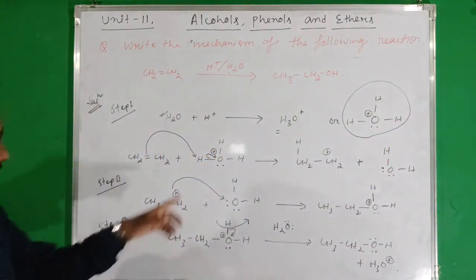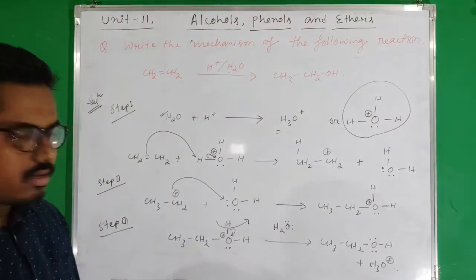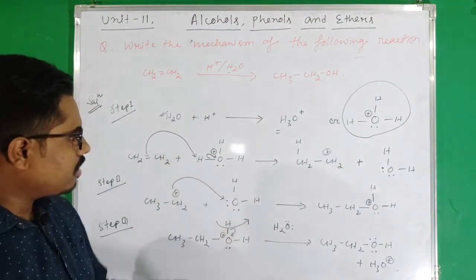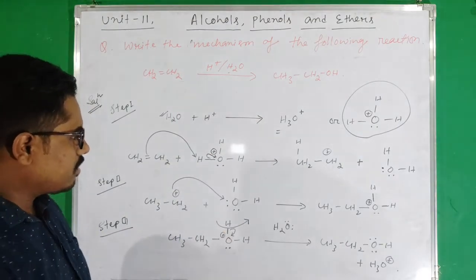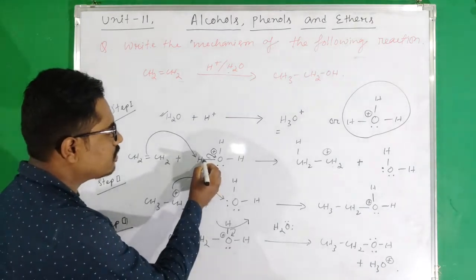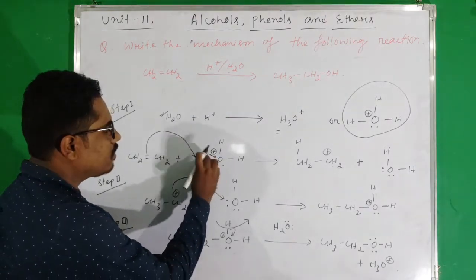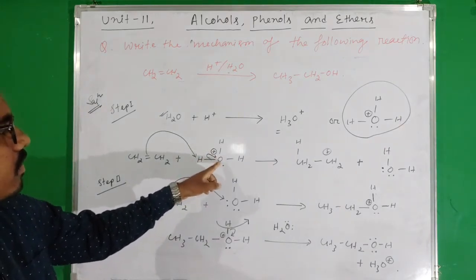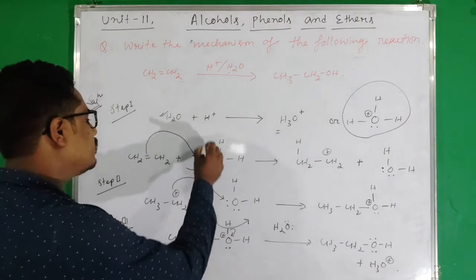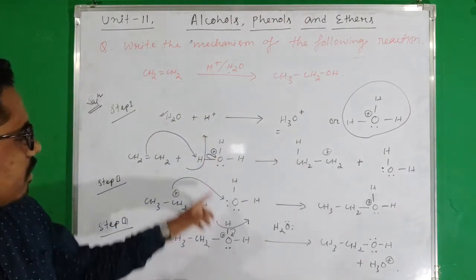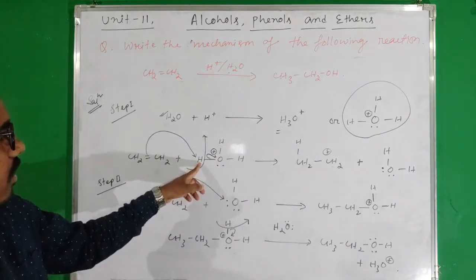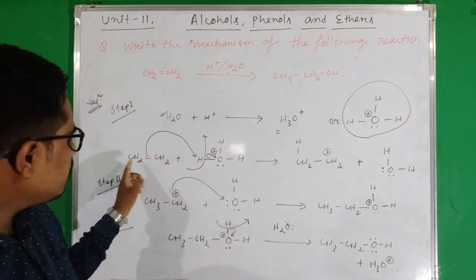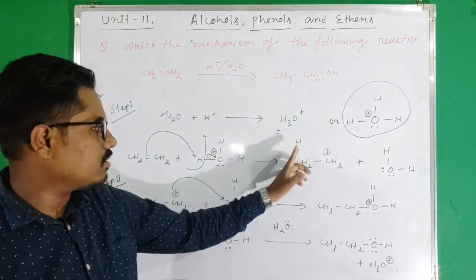And again, since the hydronium ion has one positive charge on the oxygen, that means the oxygen is electron deficient, and due to presence of electron deficiency, this oxygen will attract the electron pair of this bond towards itself, resulting in release of H positive ion, and that H positive ion gets electrons from this pi bond, resulting in CH2, that means CH2H.